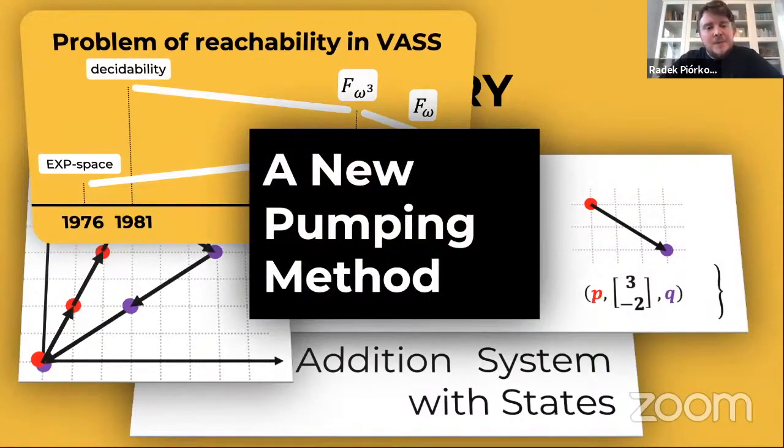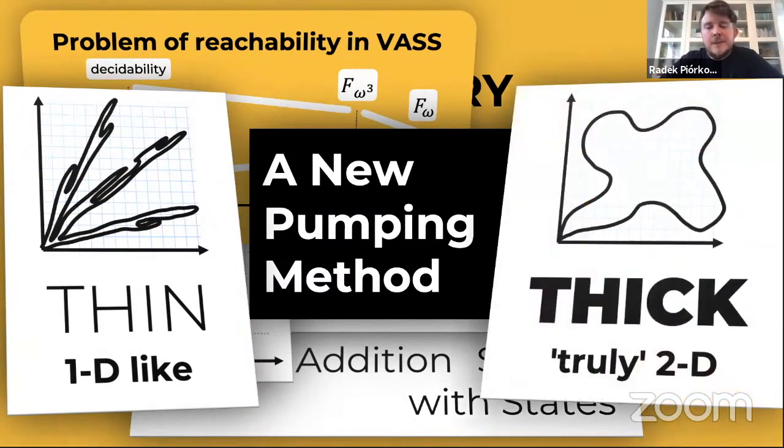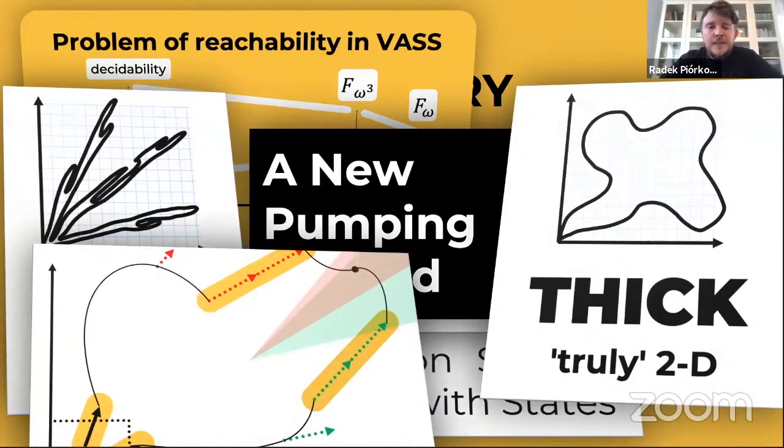We proved a new pumping method for two-VASes, and the core thing of this method was this classification of runs into thin and thick ones. And we proved that in both cases we may pump the runs.